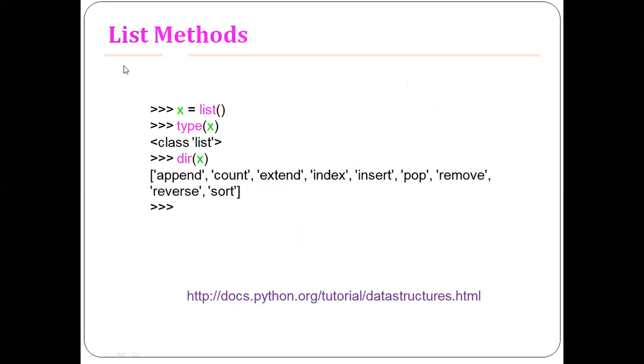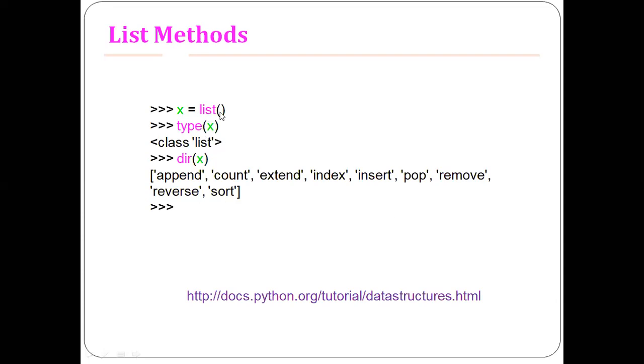And how to make use of the methods within the list, right? So there is something called list: x equal to list function. I'm just calling it, and the type of x is list.